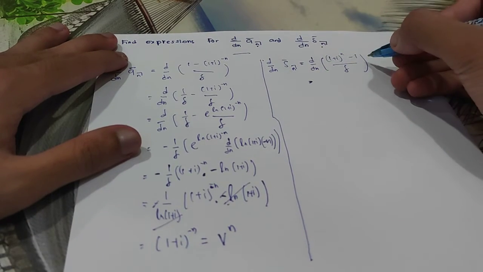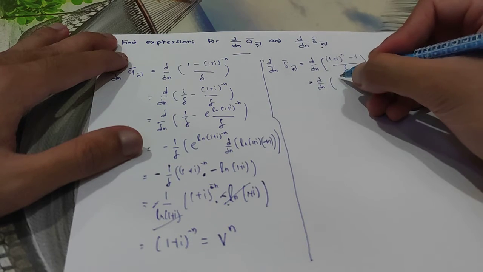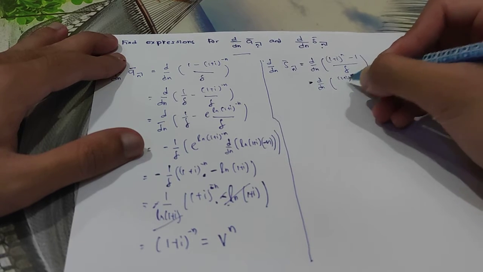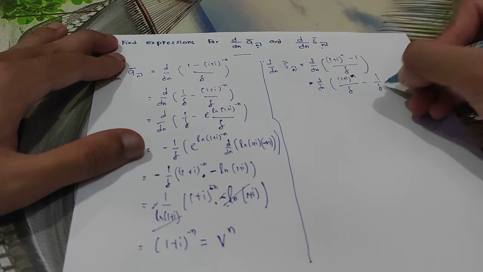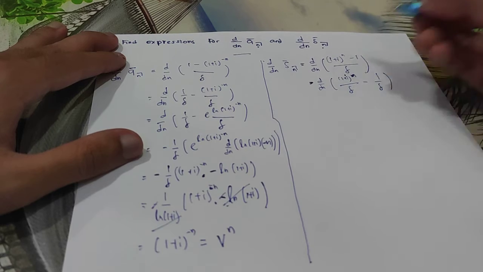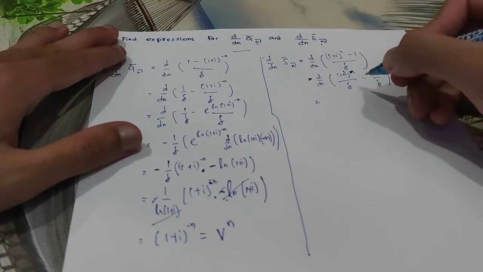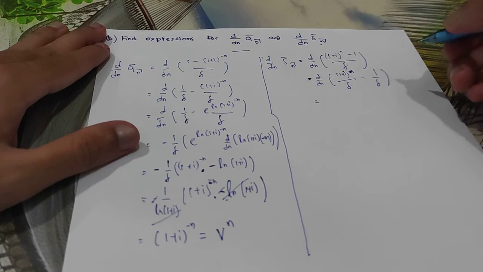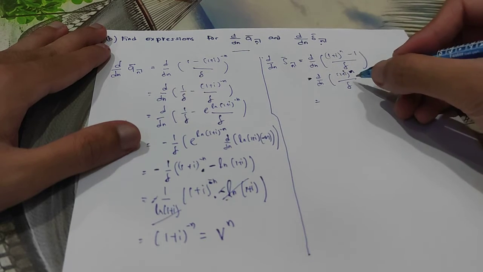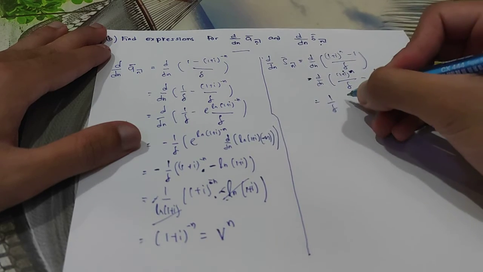We simplify this equation to make it more convenient to derive: (1 plus i) to the power of n over delta, minus 1 over delta. Then we differentiate with respect to n.